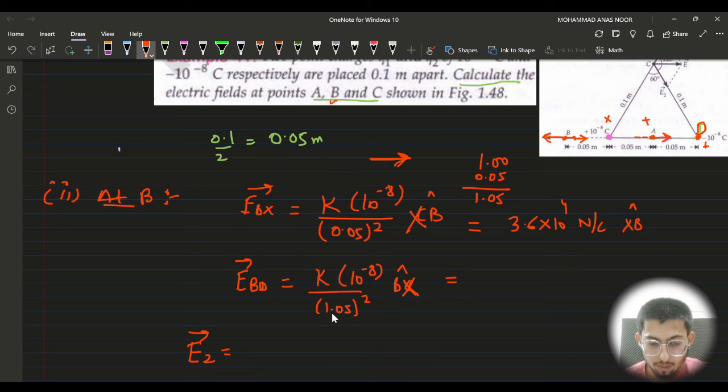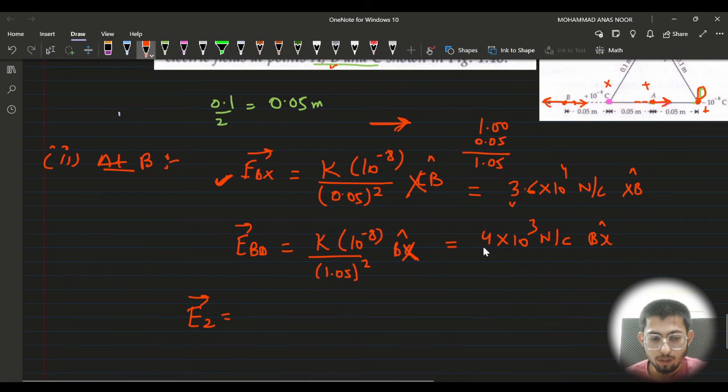But this one would be different because it is 1.05, right? So it is 4 into 10 to the power 3 Newton per Coulomb, BX unit vector. Now which one of them is greater in magnitude? This BX one, right? Because this is 10 to the power 4, this is 10 to the power 3.